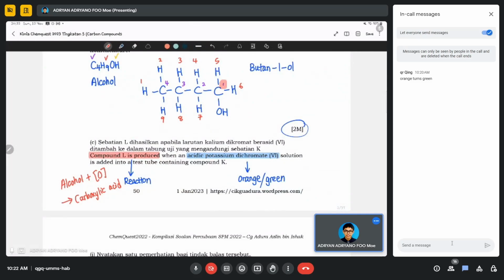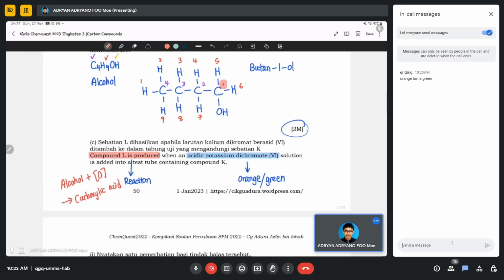This is a rule. 这些 rule 呢，你们不要去背它的 product，你们背它的 general equation. So like here, we add the alcohol, 我们把 alcohol 加一个 oxidizing agent, we will get a carboxylic acid. Okay, you must remember that.